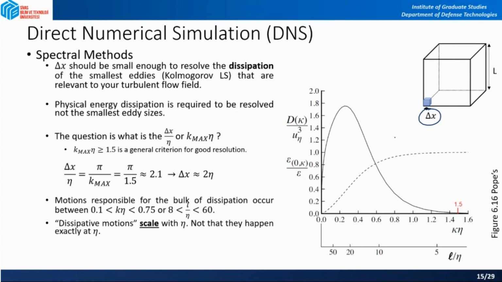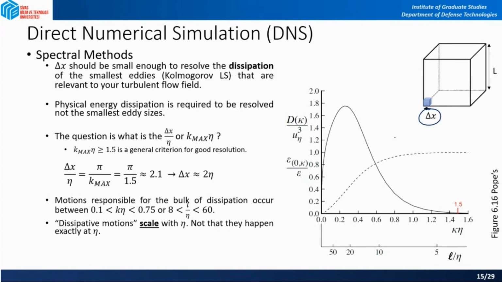So at low wave numbers, we are resolving the turbulent energy generation. Low wave numbers means large eddies. Large eddies are generating turbulence, so they are taking the energy from the mean flow and generating turbulent kinetic energy for us. At high wave numbers, we are resolving the energy dissipation.